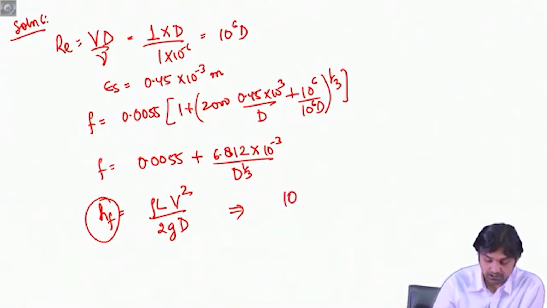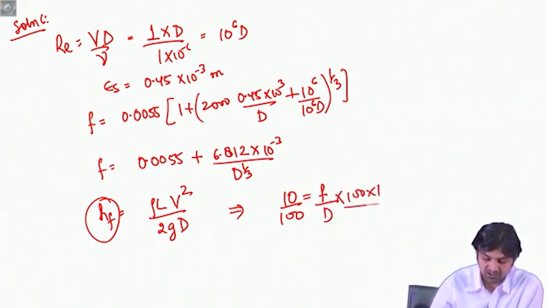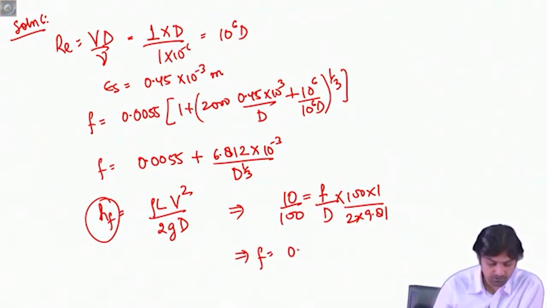So we can write 10 by 100 is equal to f by d into 100 into 1 divided by 2 into 9.81. This will give us f in terms of d as 0.01962 d.